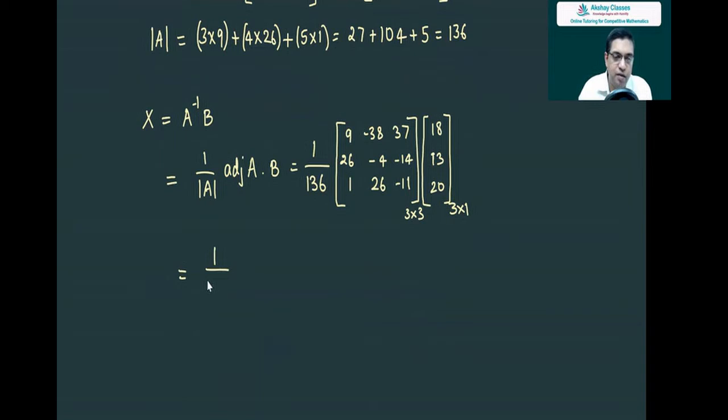So 1 by 136 times 9 into 18, then minus 38 into 13, plus 37 into 20.